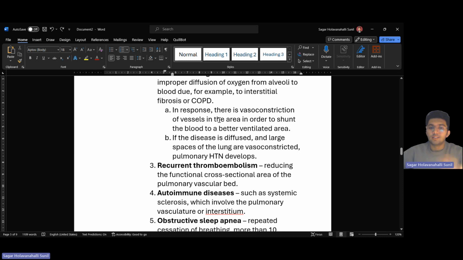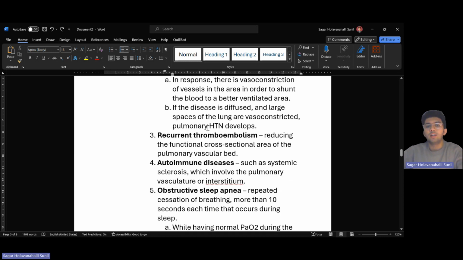Now, if there is decreased oxygen supply to a large amount of lung tissue, or if it's diffuse everywhere, then large spaces of the lung get deprived of this blood, and this can result in pulmonary hypertension. Then you have recurrent thromboembolism.